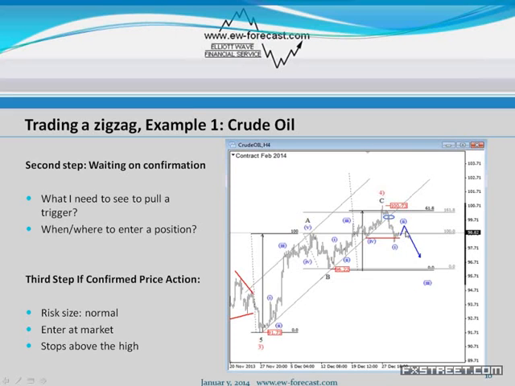Okay, so at this stage, I knew that I could pull the trigger here, because I have a top in place. Even if this market moves just temporarily to the downside, it should make a minimum of 3 legs to the downside.